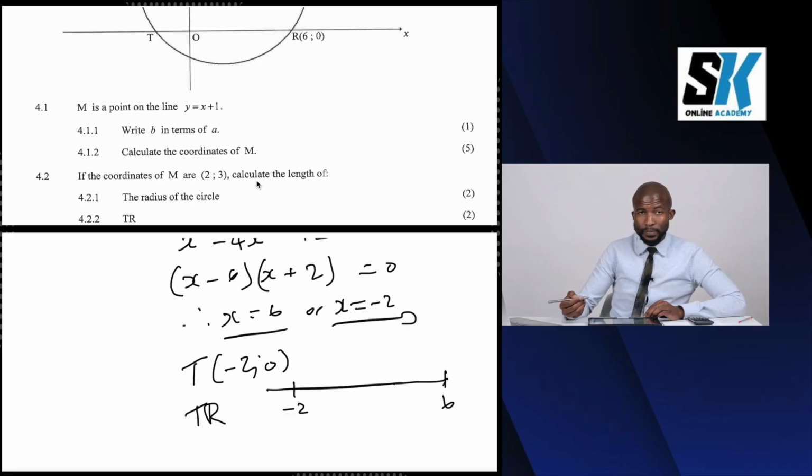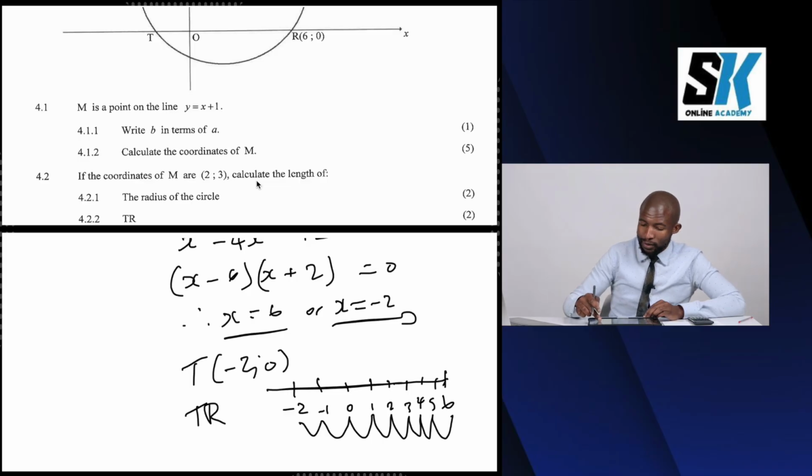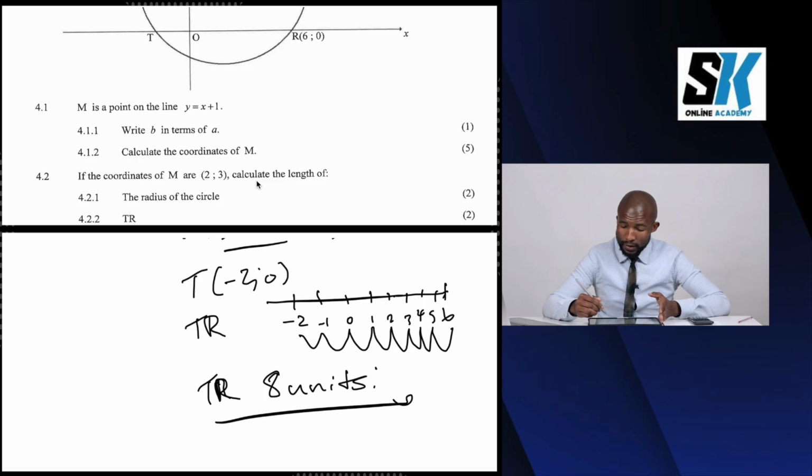So if you count using your number line, you're going to have minus 1 here, 0, then 1, 2, 3, 4, 5. It's not to scale, but we just want to find the length of TR. So it's going to be 1, 2, 3, 4, 5, 6, 7, 8. So the length of TR has to be 8 units. That is how you would find the length of TR.